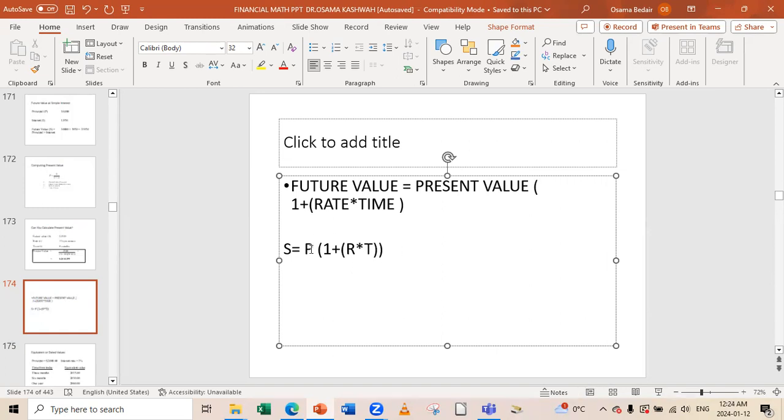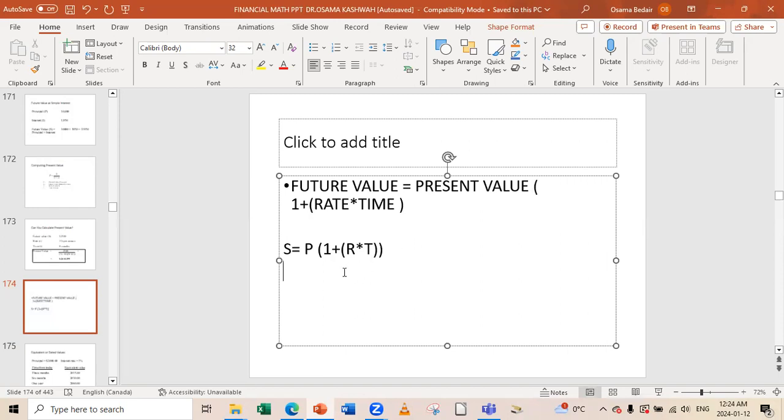So it's like this: the future value will equal the present value times 1 plus R times T. And we gave an example for this.